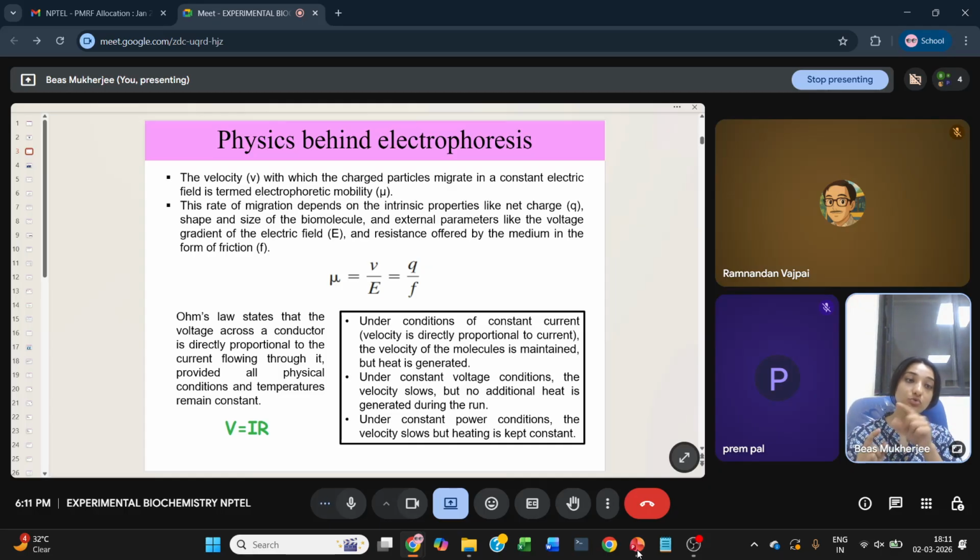So now we have to use these formulae to finally decide what voltage I want for the electrophoretic process that I'm going to perform, and whether that is going to be detrimental to my proteins or DNA, because if a lot of heat is generated, then the proteins and the DNA might get denatured. So we will have to maintain the voltage.